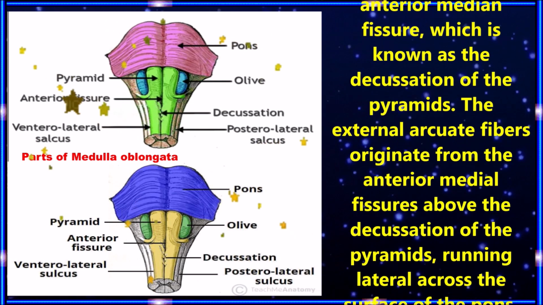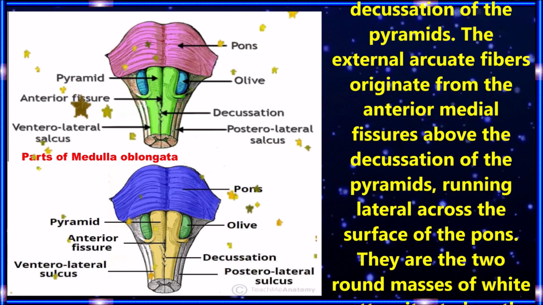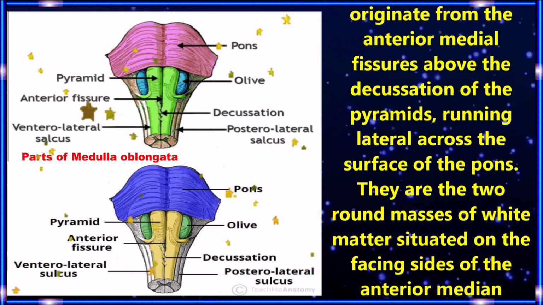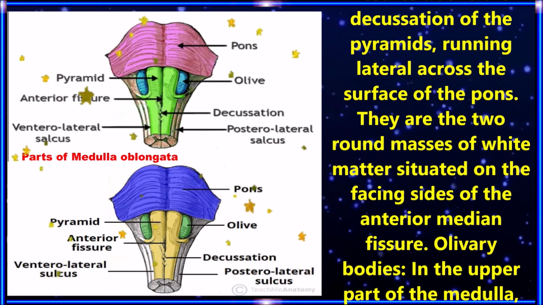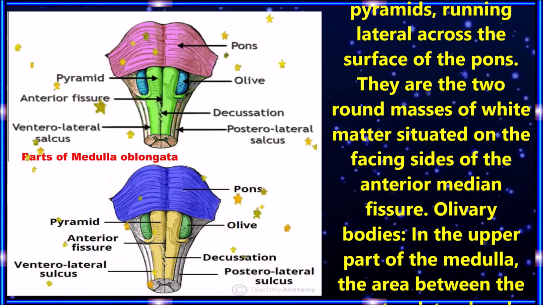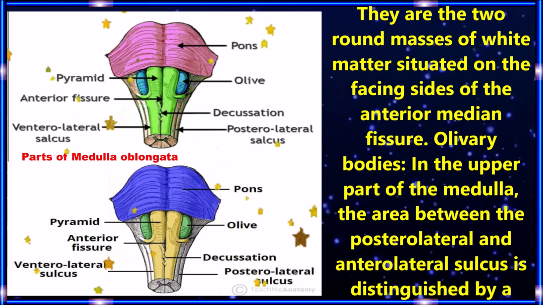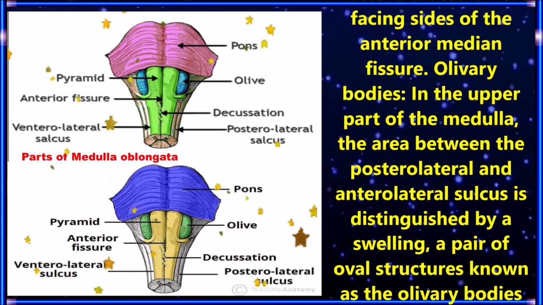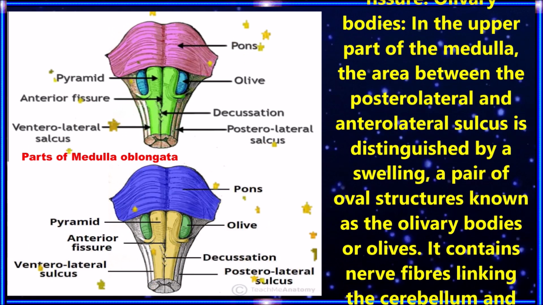Some of these fibers cross each other, hence obliterating the anterior median fissure, which is known as the decussation of the pyramids. The external arcuate fibers originate from the anterior median fissure above the decussation of the pyramids. Running laterally across the surface of the pons, they are two round masses of white matter situated on the facing sides of the anterior median fissure.